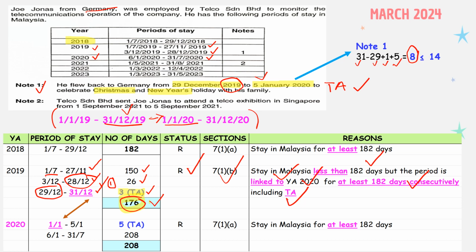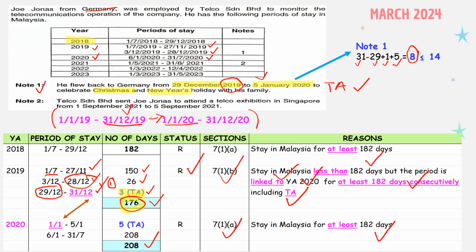TA can only be added if you are using B. We are not using B right now. We don't even have the number of days yet. So excluding TA, the number of days is 208, very clear cut. So what section can we use for 208? Section 7, subsection 1A: stay in Malaysia at least 182 days, and this one is more than 182 days.